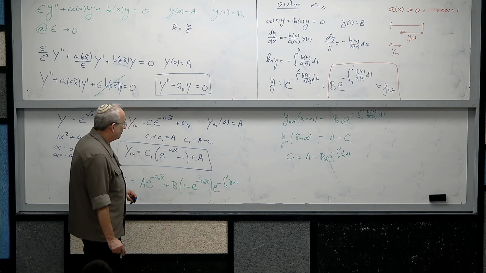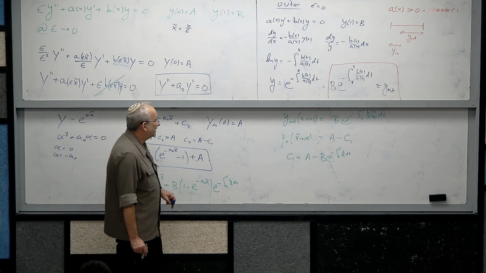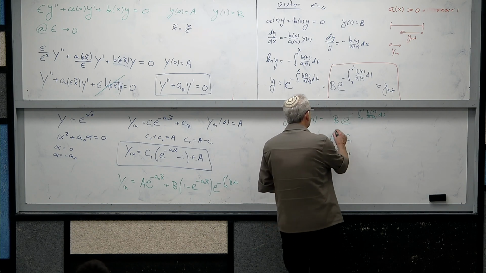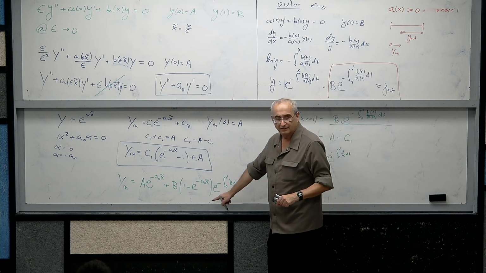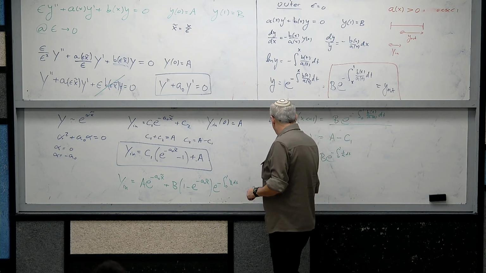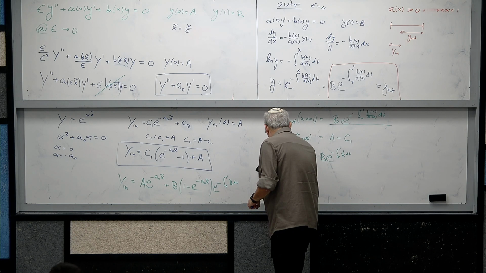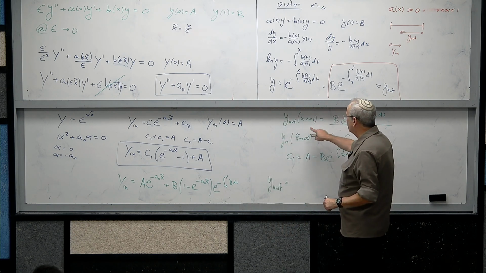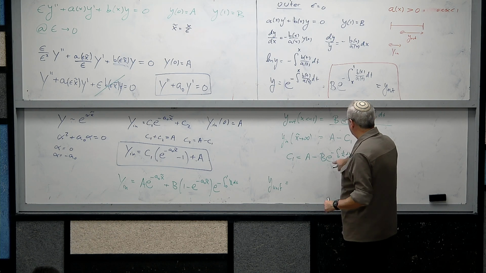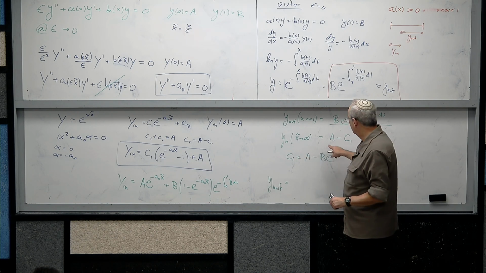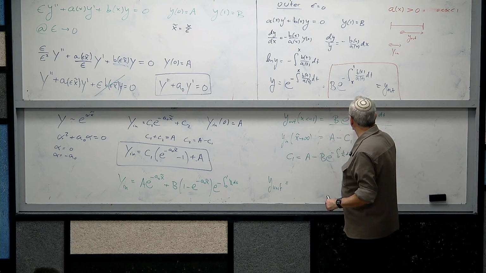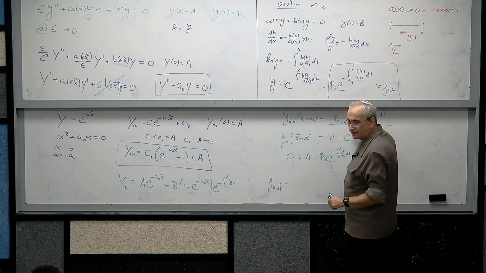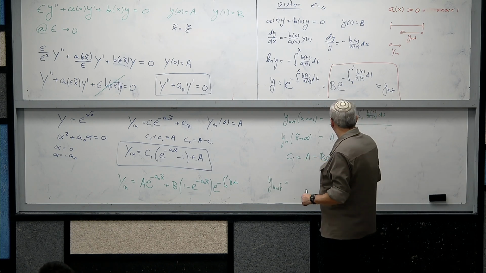Okay, so this is the y out, this is the y in, and the only question that remains is what is y uniform. So y uniform is y out plus y in minus the overlap.